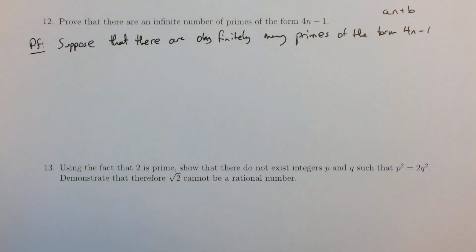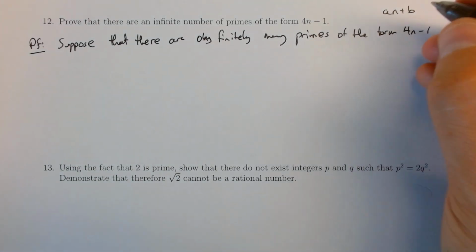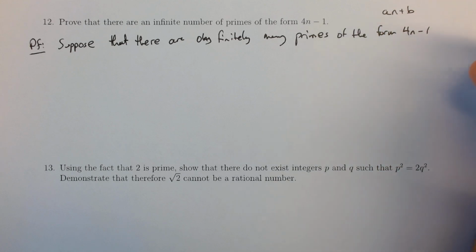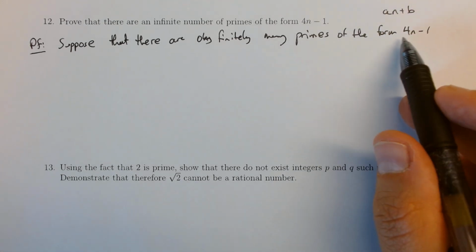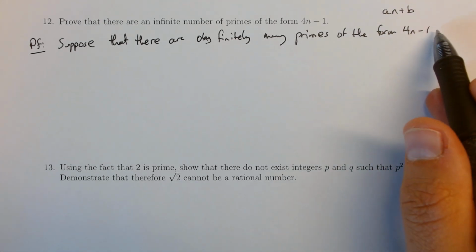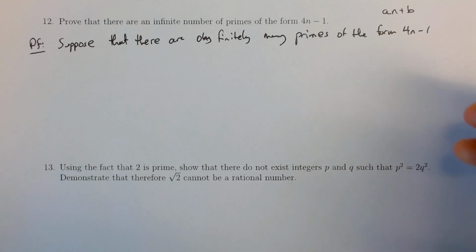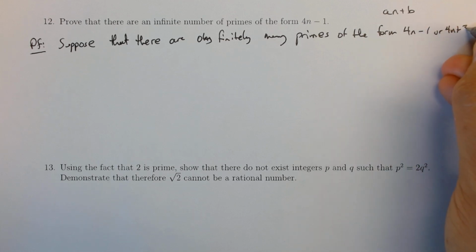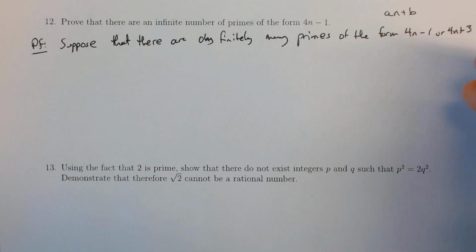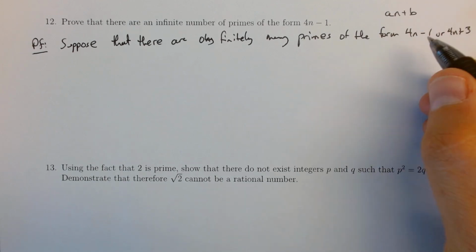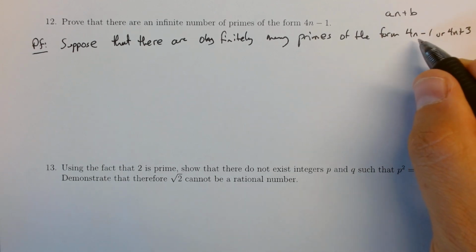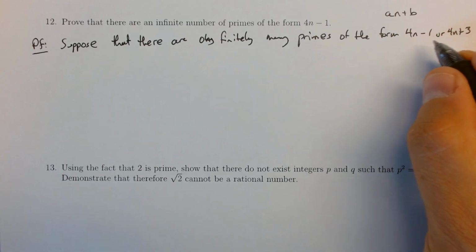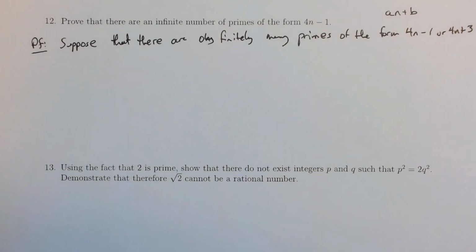What does that really mean, that it's of that form? Because it basically means that if you were to divide it by 4, you could get a remainder of minus 1. That kind of sounds weird, but this is the same as 4n plus 3, because if you were to insert, say, n plus 1 for the n here, because that would just be some other integer, you would get the 4n plus 3 here.